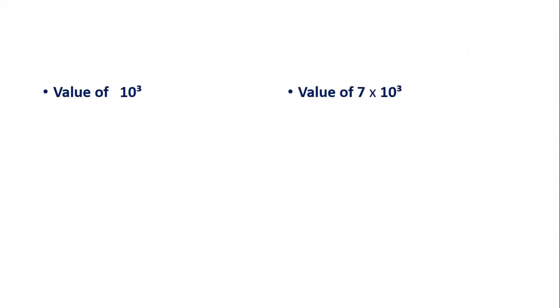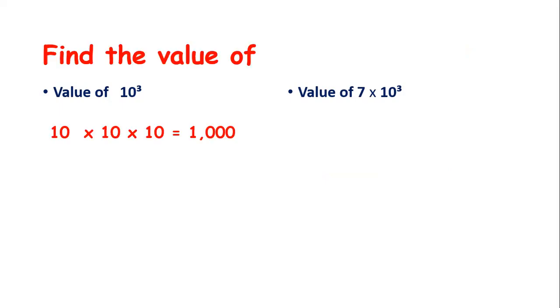Now here you will be asked the value of the third power of 10. You will expand it as 10 times 10 times 10, which is 1000. And in the next example, I've given you 7 times the third power of 10, which you will expand as 7 times 10 times 10 times 10.